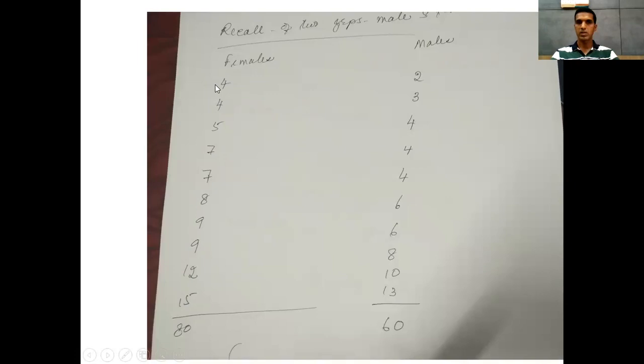So the first person recalls, let's say among the females, 4 advertisements. Second one also 4. Third one 5, 7, 8, 9. The last one recalls about 15 advertisements from the television in a given time. Follow, no? So similarly, males also, you have the males here, 2, 3, 4.